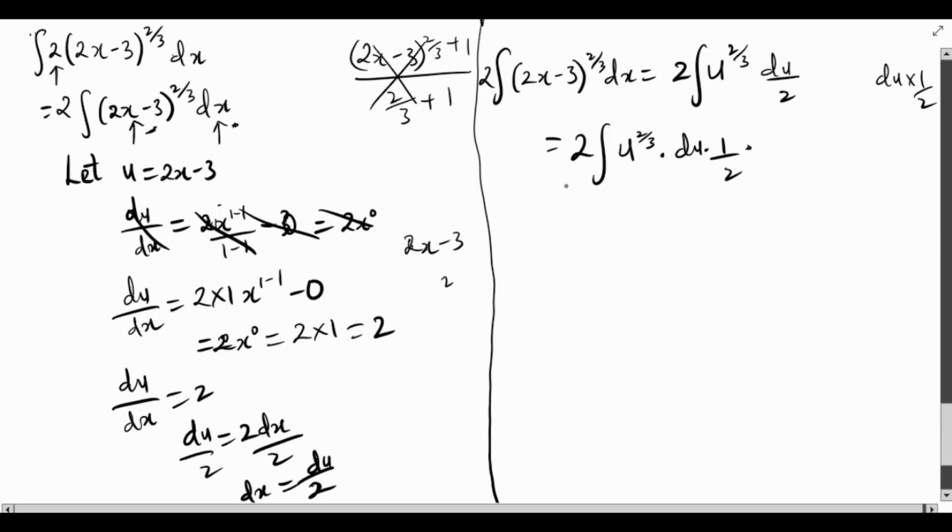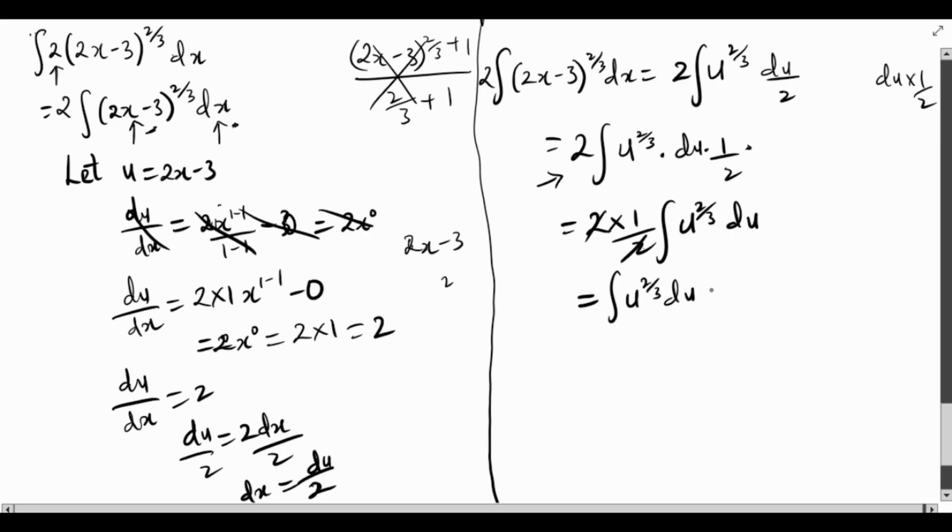So this 1 over 2, I'm going to take outside immediately. So this is 2 times 1 over 2, u to the power of 2 over 3 du. 2 will cancel 2, so I just have u to the power of 2 over 3 du.